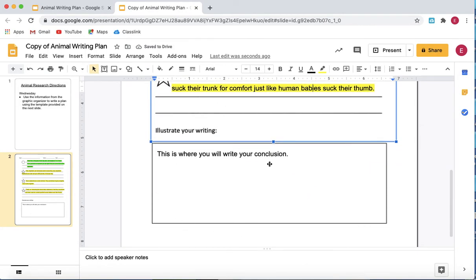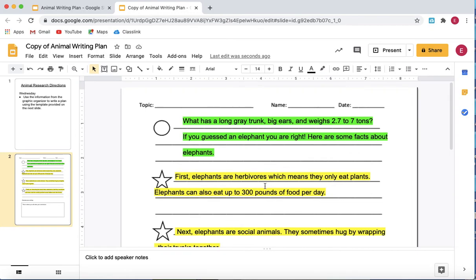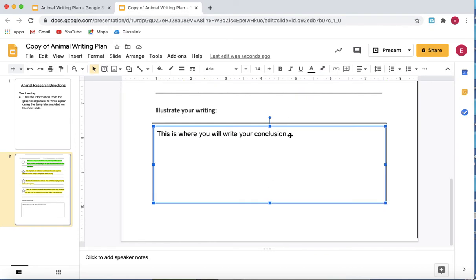Okay. And then in this box down here, this is where you're going to write your conclusion. So I want to start with a transition word.